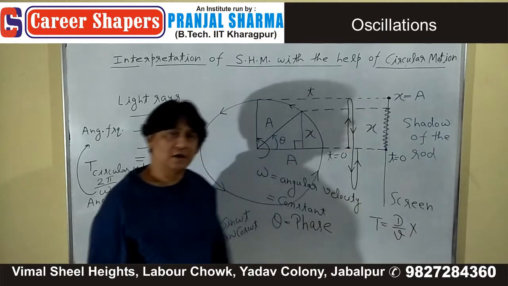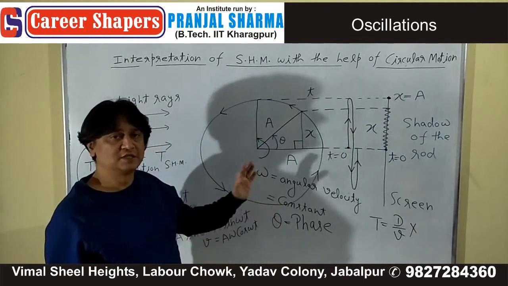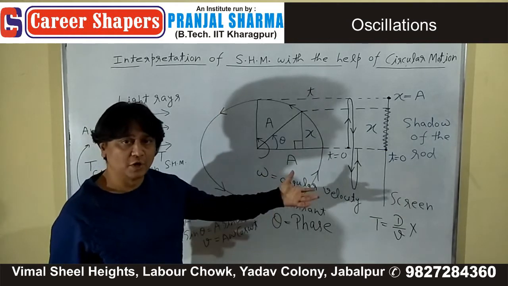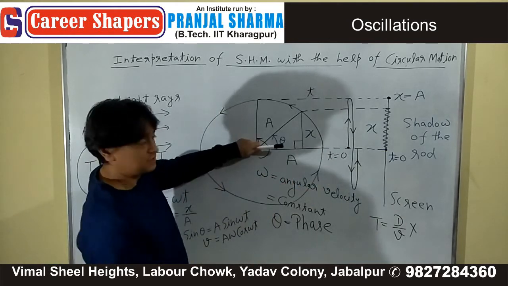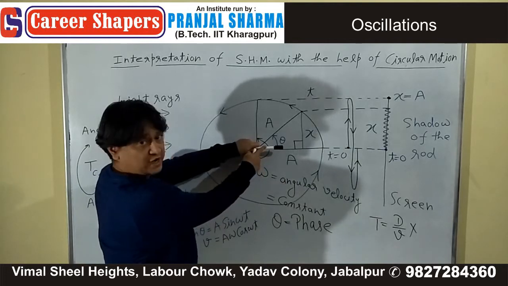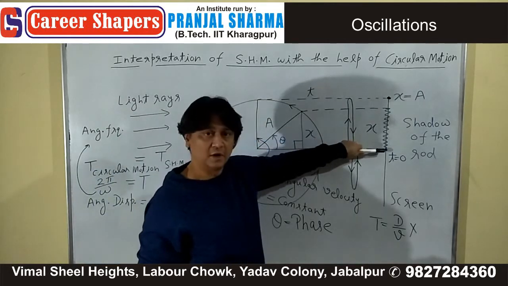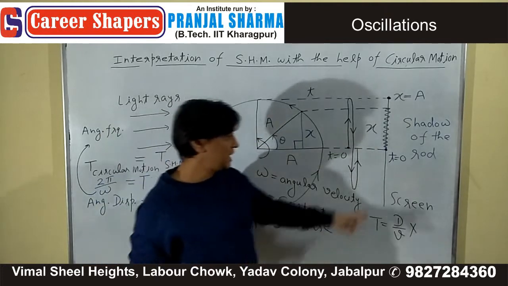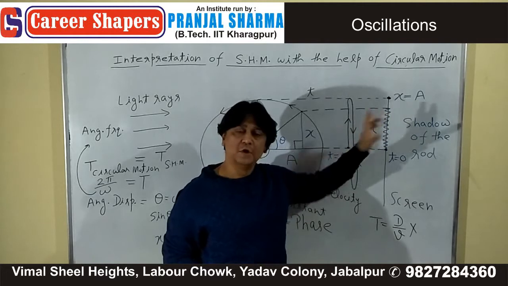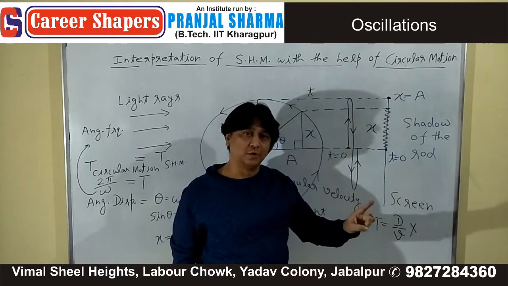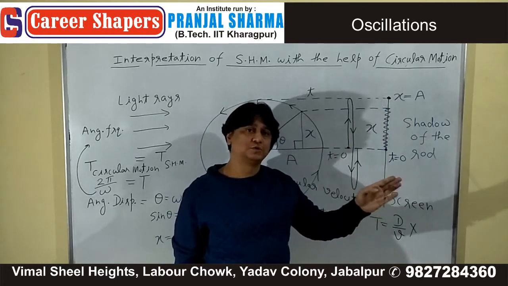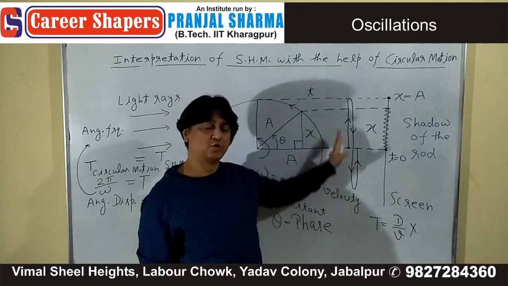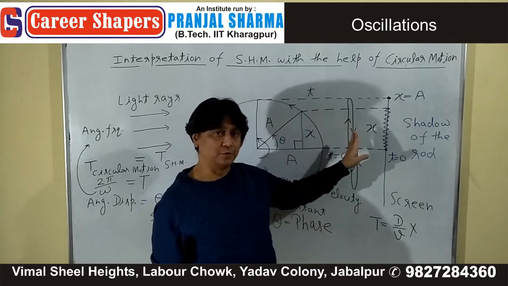But if you say that phase in simple harmonic motion is 0, it means the rod is present here, its shadow is over here, and this rod is going up. You know that the tip of the shadow is also going up. Once you say that phase equals 0, it means the object is at mean position and is going for positive amplitude.